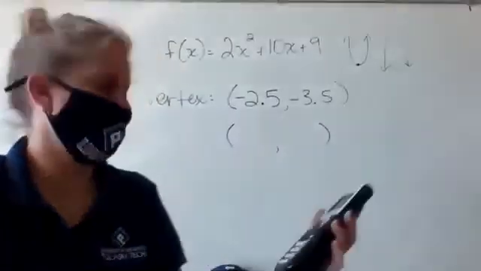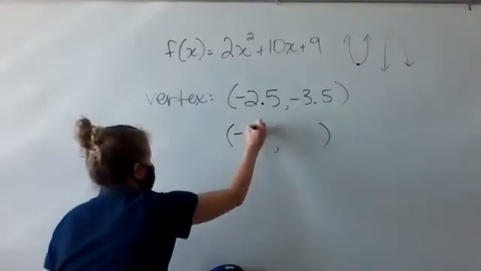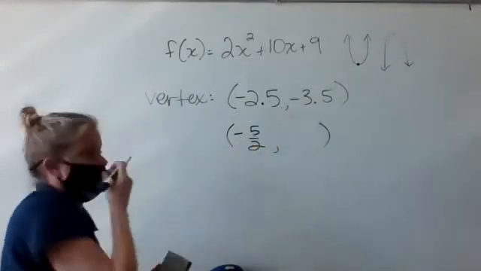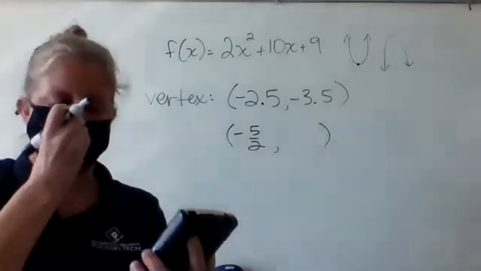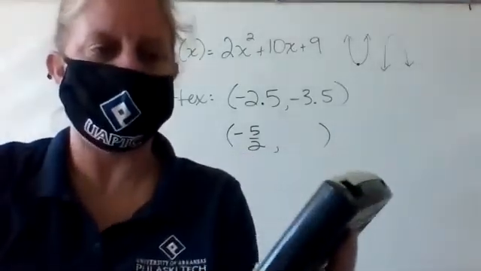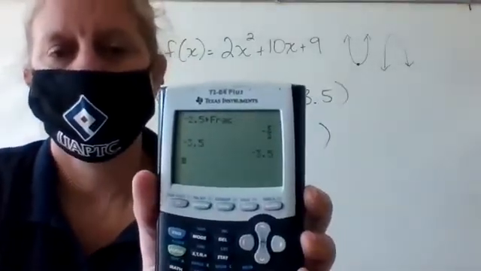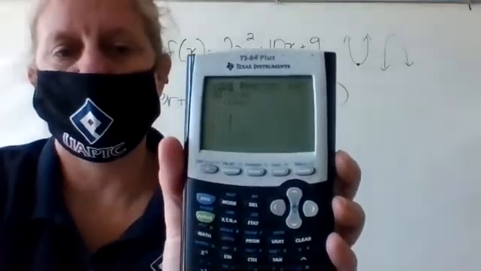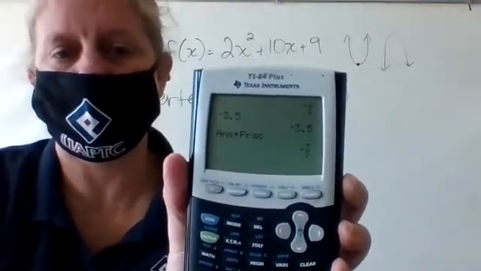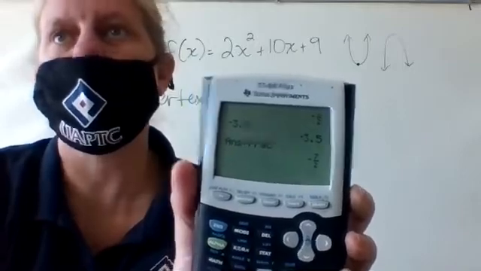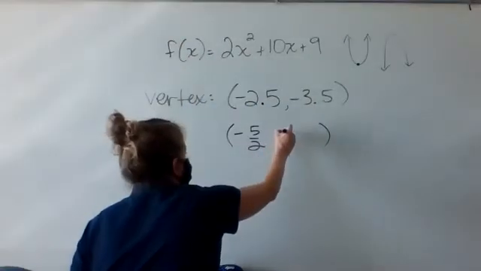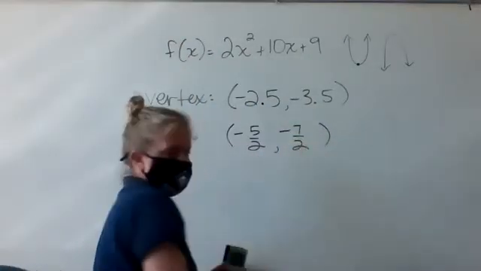So negative 5/2. And then do the same thing with the negative 3.5. Math, Enter, and that will be negative 7/2. So that's what you're going to type in for the Vertex.